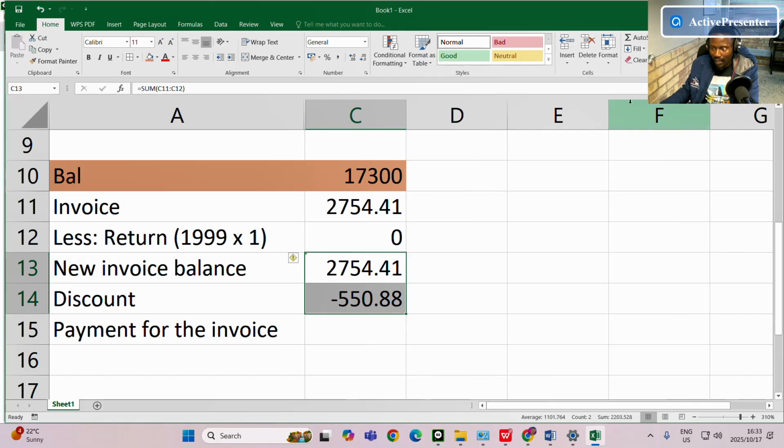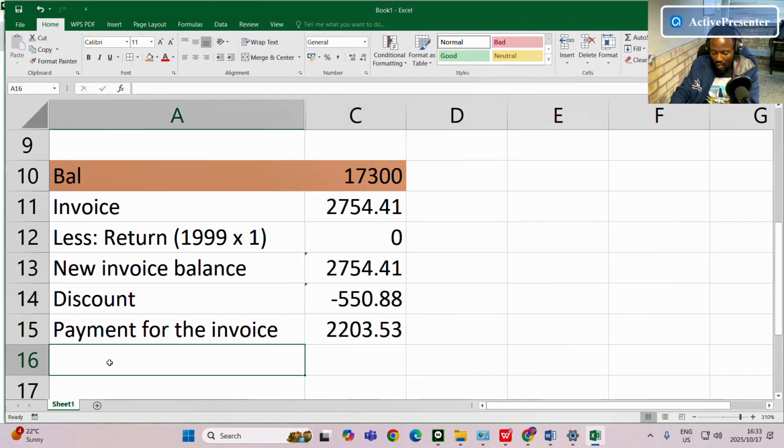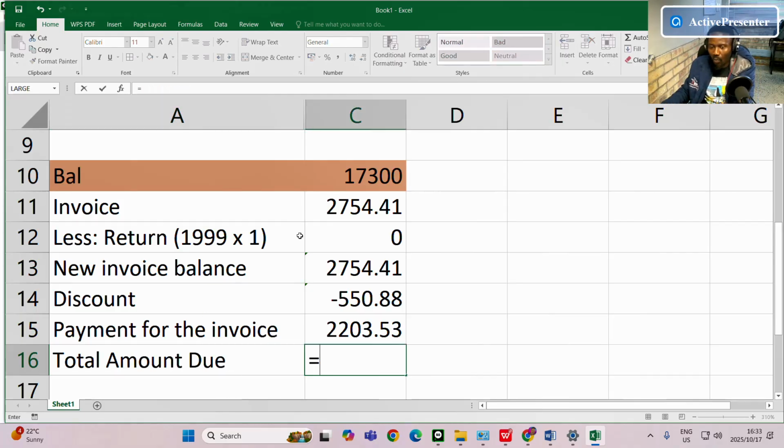So once I take the new invoice balance and then I less the discount, I will then get the payment for this invoice. Now to get the total amount due, I need to take the opening balance and then add the payment for the invoice.